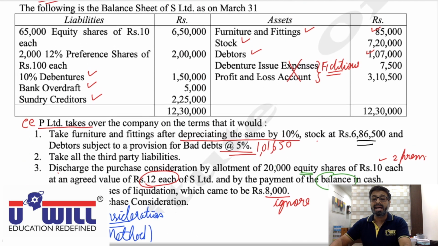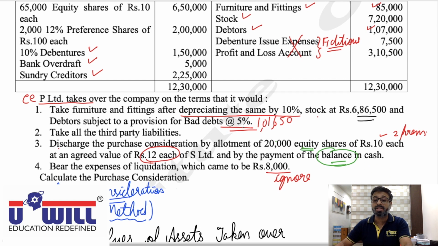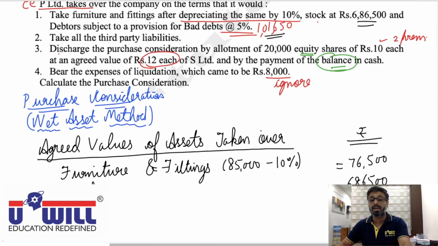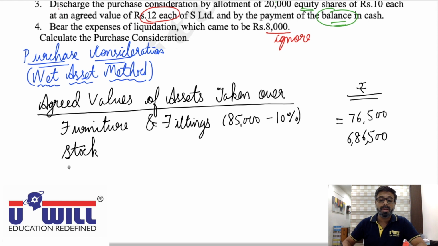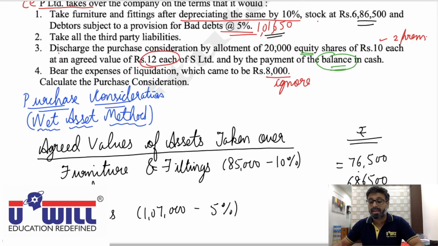Then on the asset side, after stock, the next asset is debtors, and in adjustment 1, it is given a provision of 5%. So 1,07,000 minus bad debt reserve 5% is 1,01,650.